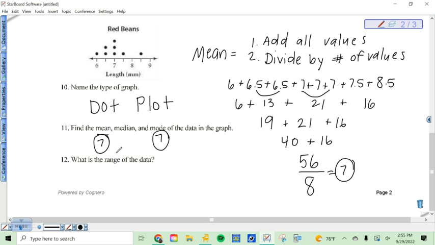How do you know the median is 7? How do we figure it out? Yeah. Since I already have my dot plot, do I have to rewrite them all in order? No, I can just cross off the dots. So 8.5, 6, 7.5, 6.5, 7, 6.5. And then I end up with 2 medians.